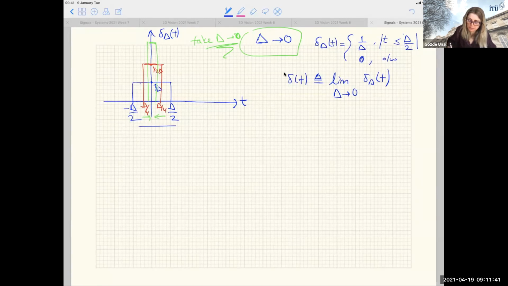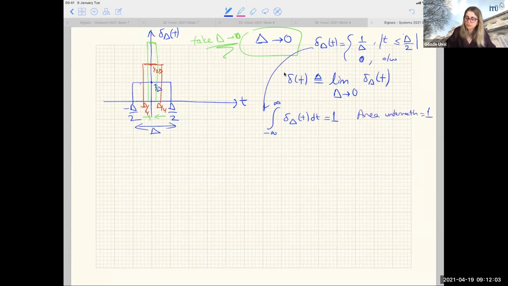The important thing here was first it's delta times 1 over delta. So the area here, from minus infinity to infinity, for this guy, was 1. Similarly, we wanted it to be this way, so the area underneath is 1. Similarly, as delta goes to 0, and this guy went to delta of t, this guy is also still 1.